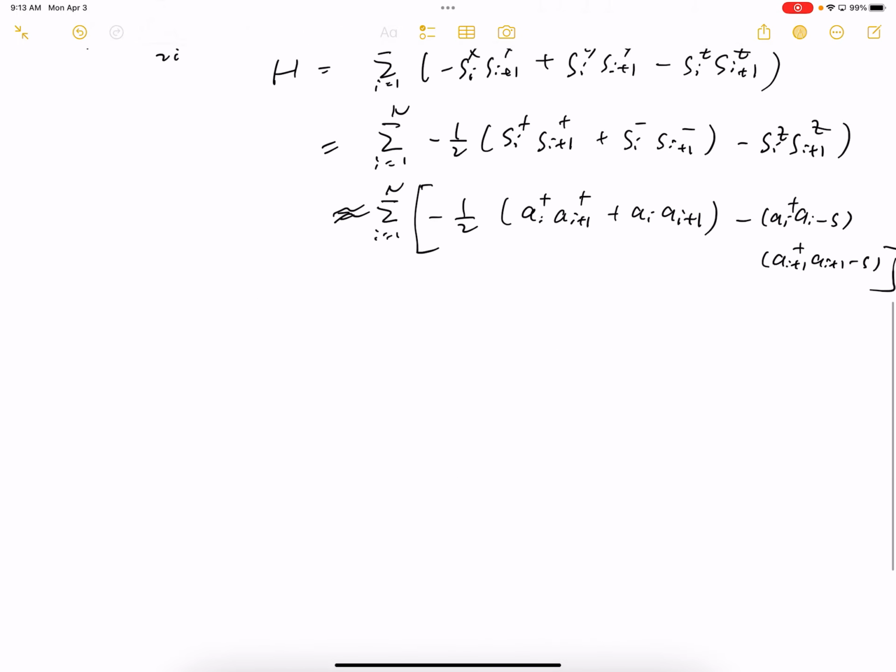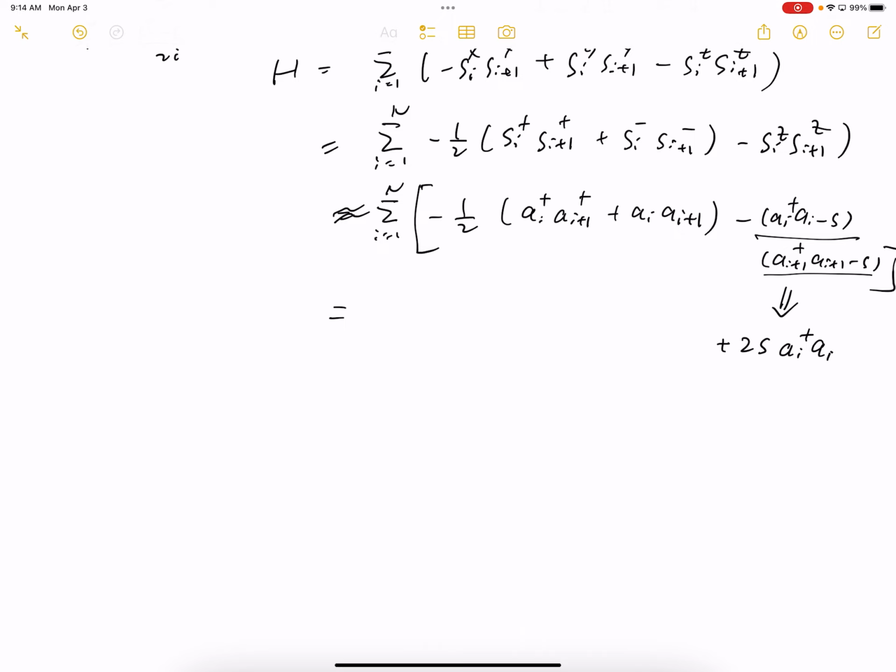So we're going to simplify this a little bit. For this last term here, we also said that A_i dagger A_i is still going to be a very small quantity, so the quadratic term is going to go away. We're only going to keep the linear term in A_i dagger A_i in that expansion. It's a product of these two, so we can forget about the quadratic term because A_i dagger A_i is already small. If you do that, this last term just becomes 2S times A_i dagger A_i.